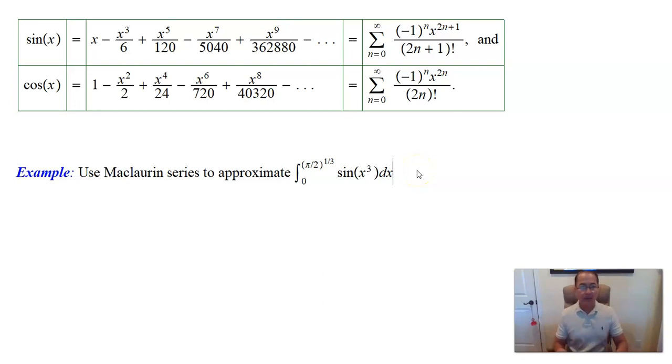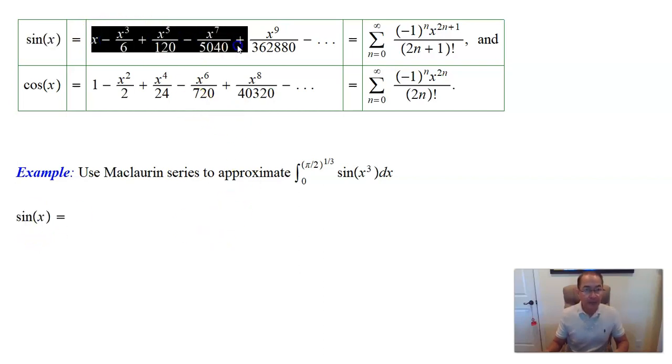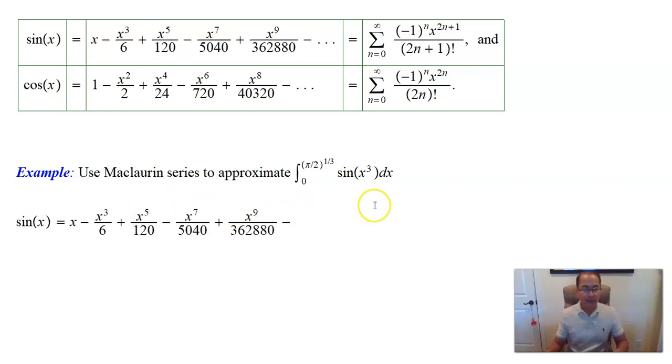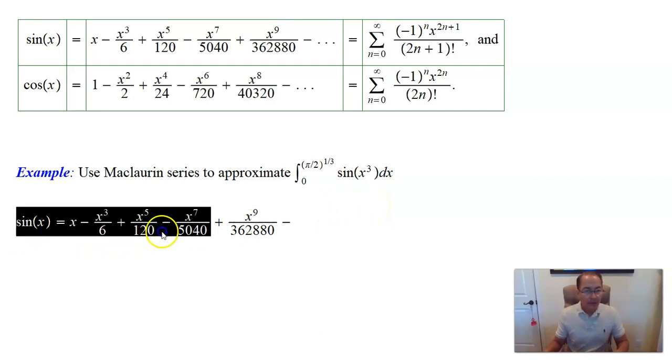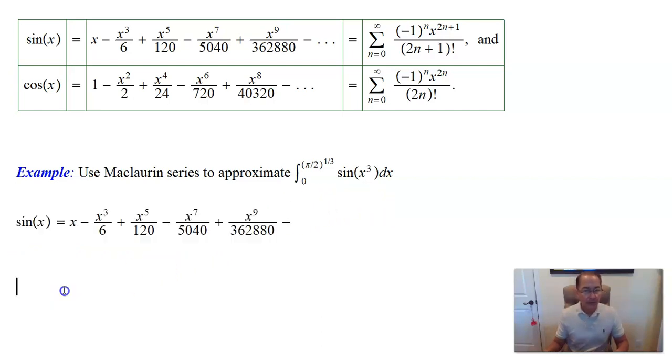Why not? Okay, so we have our Maclaurin series for sine of x here, but we want sine of x cubed. So we will perform a substitution. Let's copy the main series here, including up to that minus dot, dot, dot. Maybe not the dot, dot, dot. So we want x cubed. Okay, so replace x with x cubed.